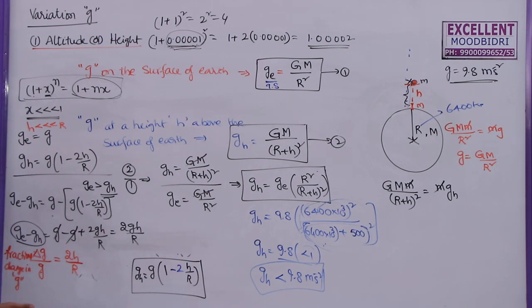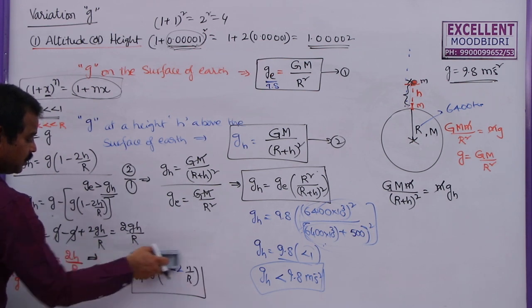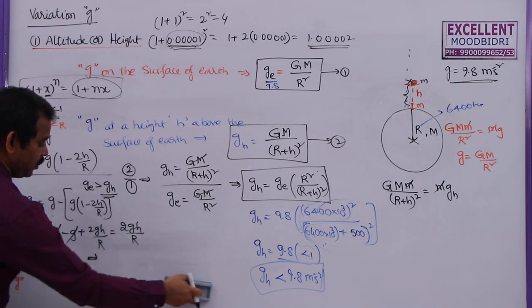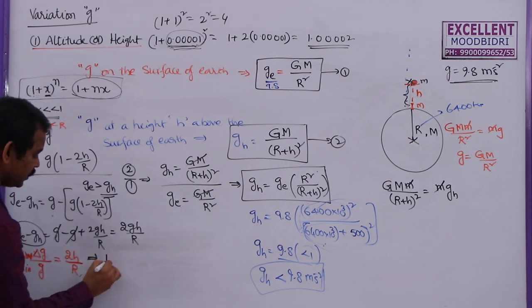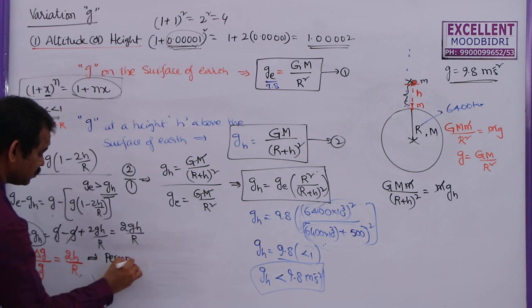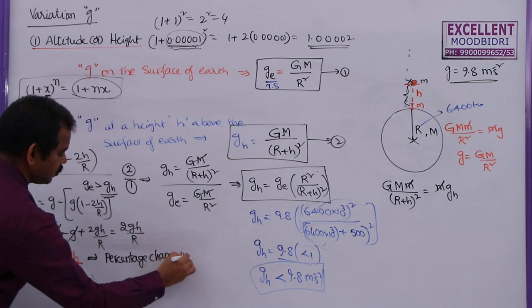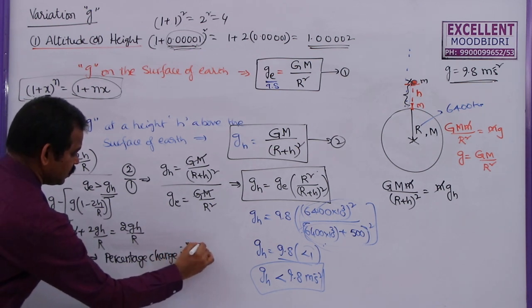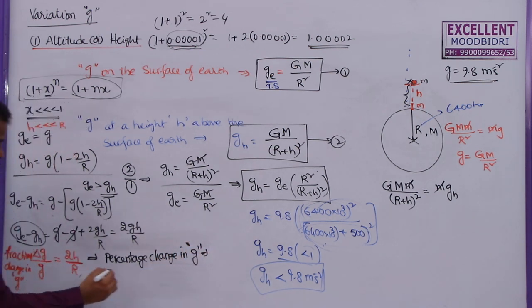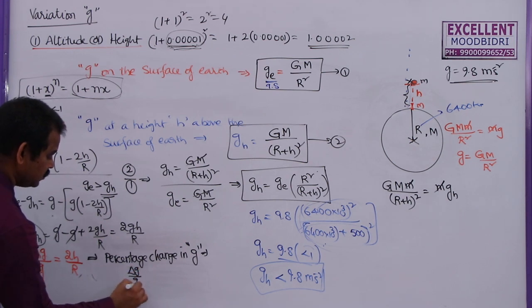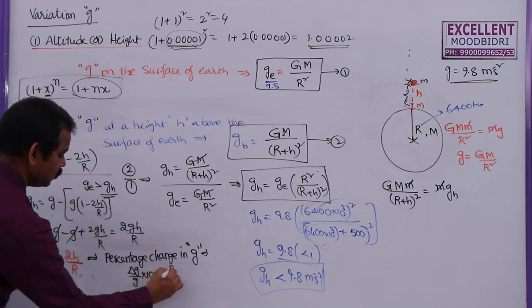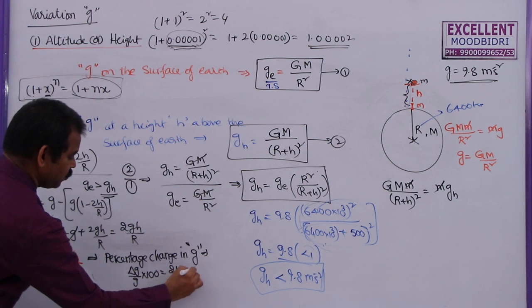Now, what is the percentage change in small g? The percentage change in small g is given by, in this case, percentage means just multiply by 100 on both sides. So delta g by g into 100 is equal to 2h by r into 100.